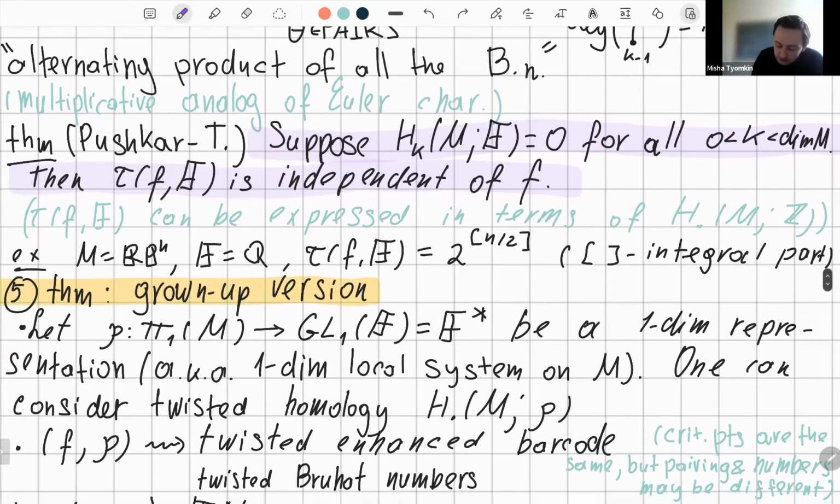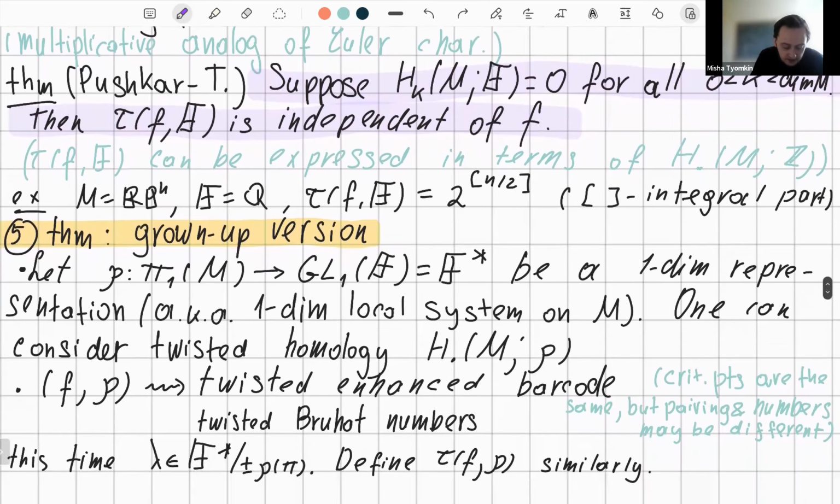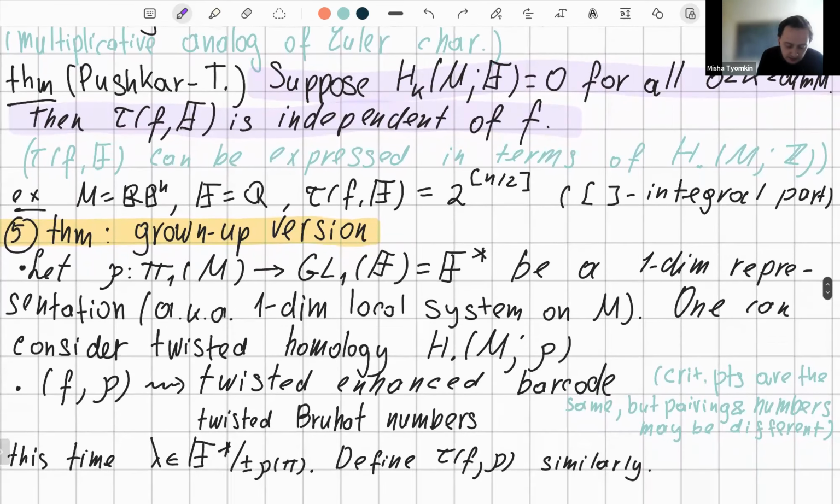So the point here is that the critical points are the same. What I'm pairing is still the critical points of the function f, but now the pairing may be different and the numbers may be different because I take this representation into account. The only difference is that now lambda is defined not only up to sign, but also up to multiplication by the image of pi1.